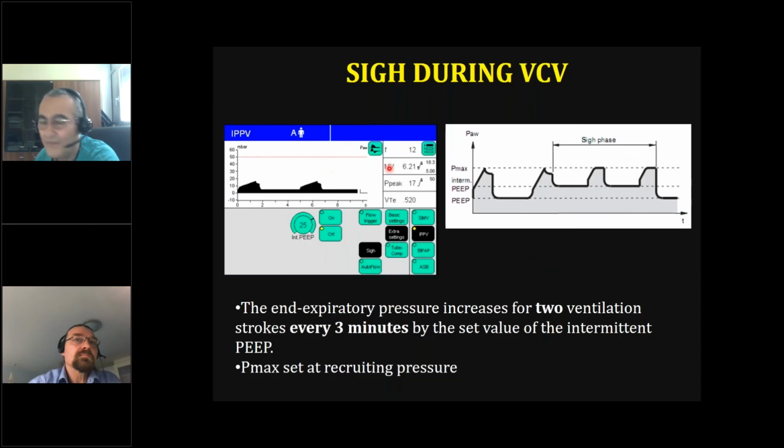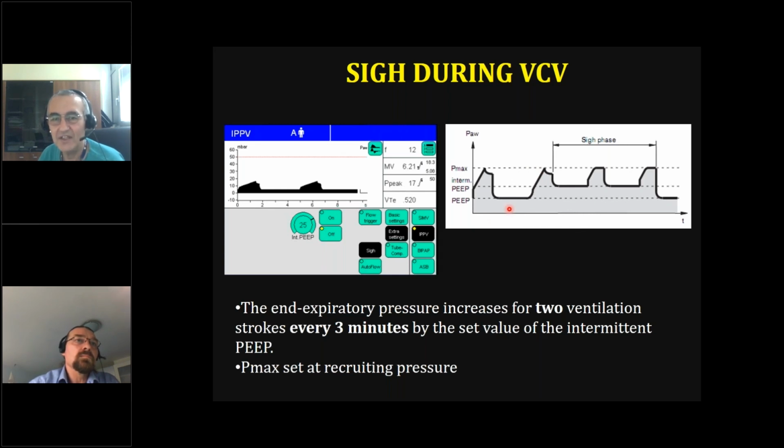Usually, we apply a delta pressure in order to achieve, during inflation, a level of pressure that is the recruiting pressure that we want. Meaning, let's assume I have 15 of PEEP.